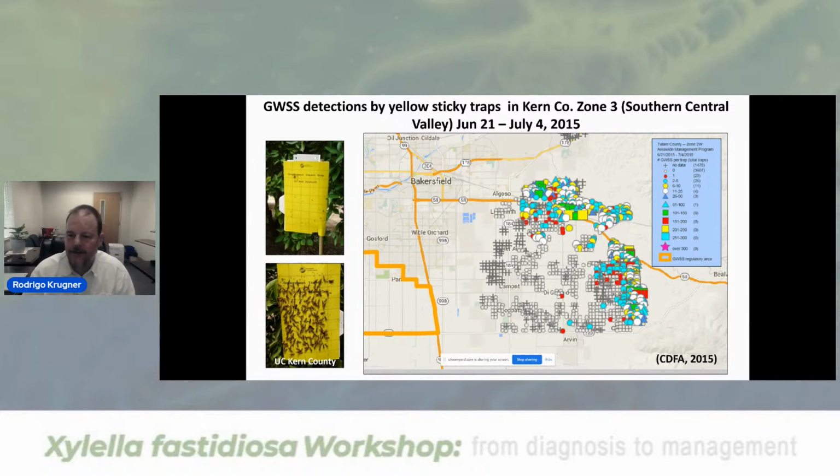That's about 200, 300 sharpshooters per yellow sticky trap per 2 weeks. So the sticky traps will look like the one on the bottom left side. It gets to a point that the sharpshooters don't get trapped anymore because they're landing on top of each other and then flying away. So when you see something like that, things are about to go bad.